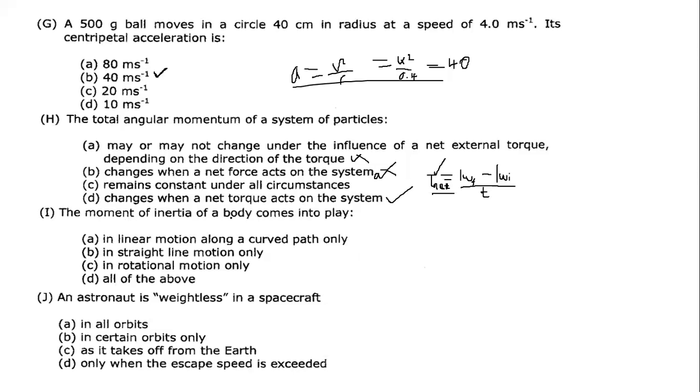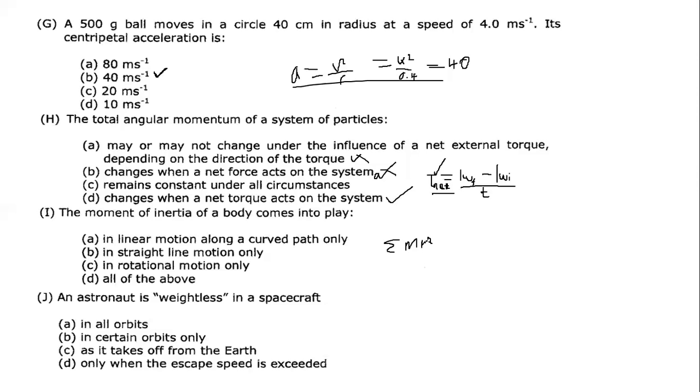With the inputs that have been given, how do we even define moment of inertia? Moment of inertia is a summation of all masses times radius squared.